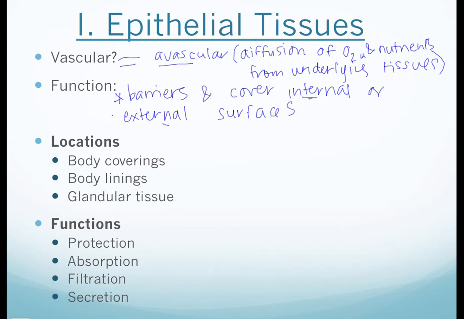think of your skin, this is one type of epithelial tissue. It's in constant contact with the external environment. And because of that, what happens? It's going to continuously shed and replace itself.